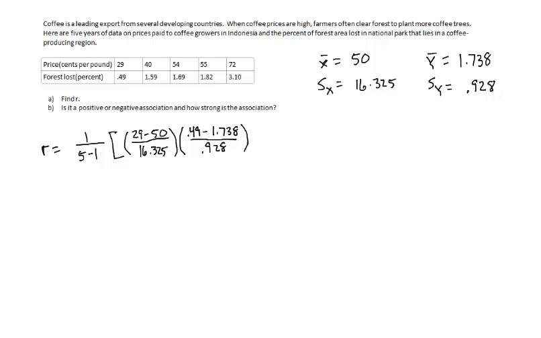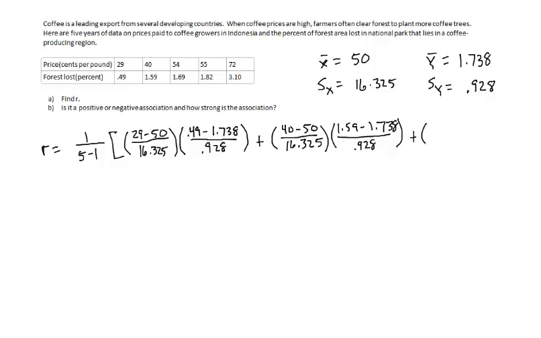And I'm going to do this for each set of data. So plus our xi in our second set of data is 40 minus 50 divided by 16.325 times 1.59 minus 1.738 divided by 0.928. So that's our second set of data.